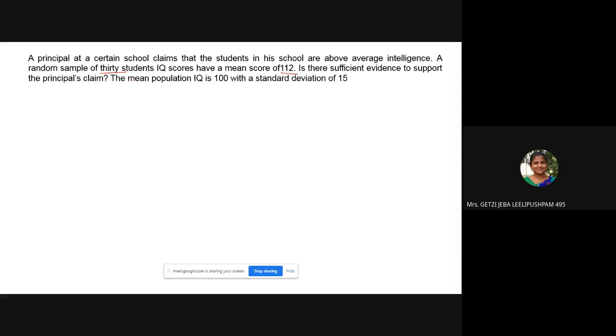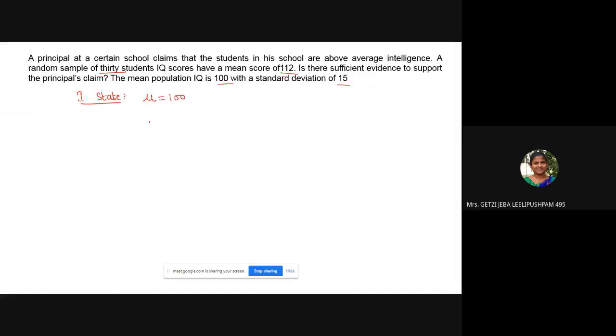The mean population IQ is 100 with a standard deviation of 15. So actually the mean is only 100. The accepted fact is, so let's first state the hypothesis. How do you state the hypothesis? I say that the mean population is only 100.